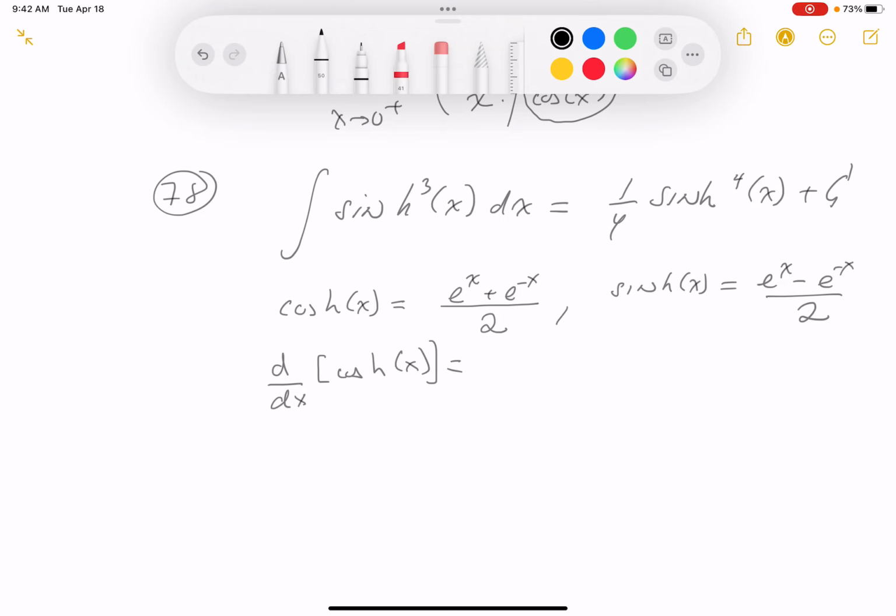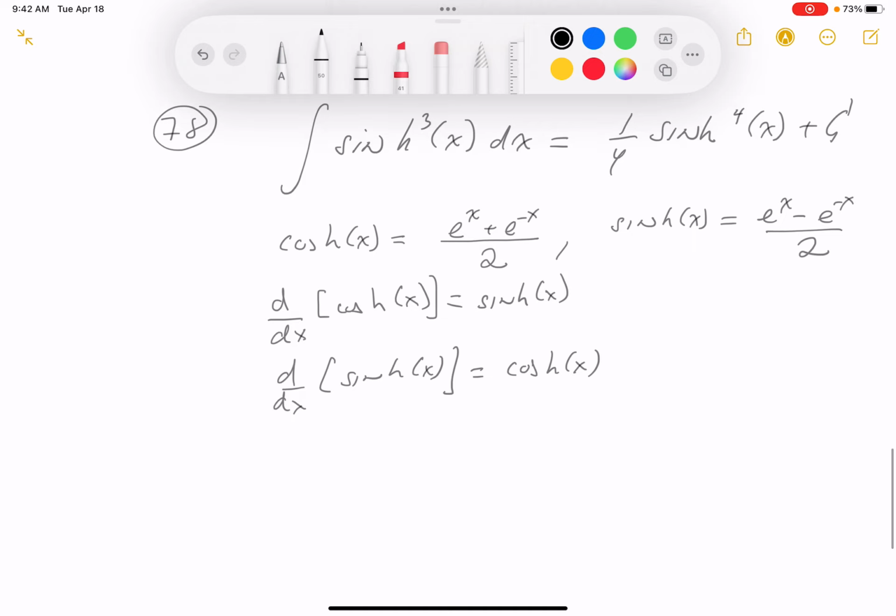So it's really just hyperbolic sine. That was easy. And the derivative d dx of the hyperbolic sine looks like it's just going to be hyperbolic cosine. Pretty reasonable, isn't it?